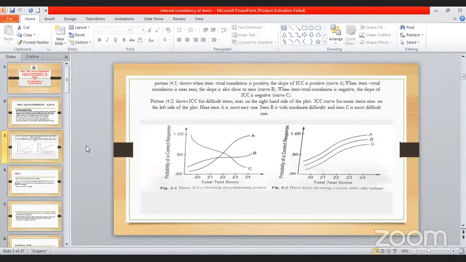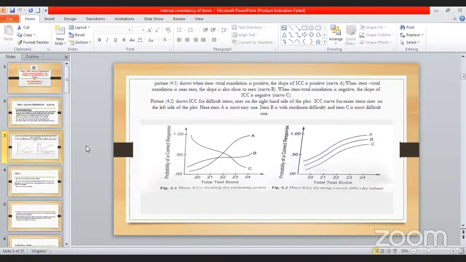Can you repeat the last part again? Yes, in picture 4.2, you can see that the positions of the curves are different, but the slope is the same. The positions of the curves of ICC indicate the difficulty levels of the items. So the curve that rises on the left side are the easiest items, those that rise from the right side are the difficult items, and the mid portion are the moderate items.